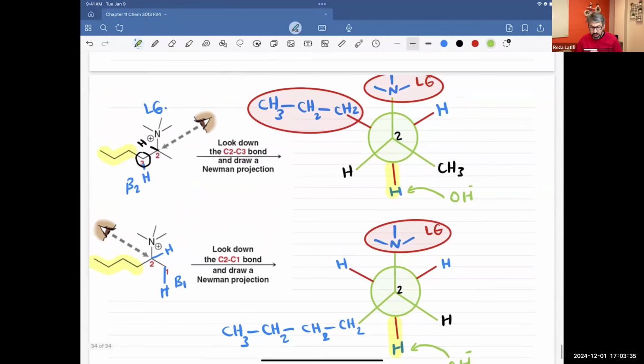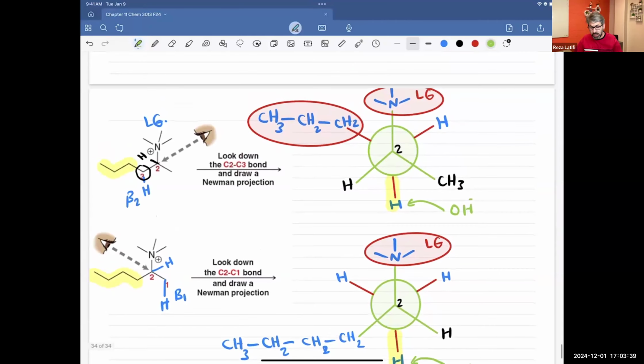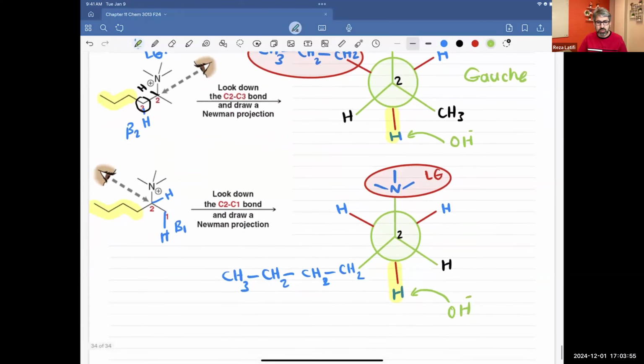Now, in both cases, I have hydrogen in anti-position. What's the problem here? If we take hydrogen from carbon number 3, we will have gauche interaction between the leaving group and the propyl group. While if we take hydrogen from the terminal carbon, we are not going to get any gauche interaction.